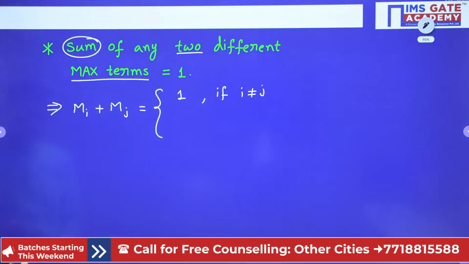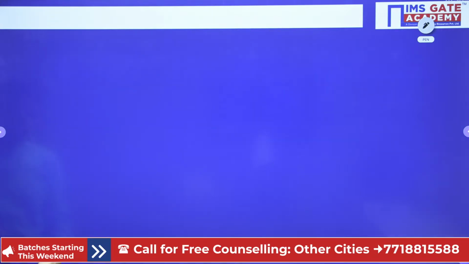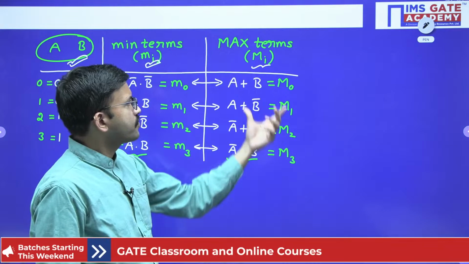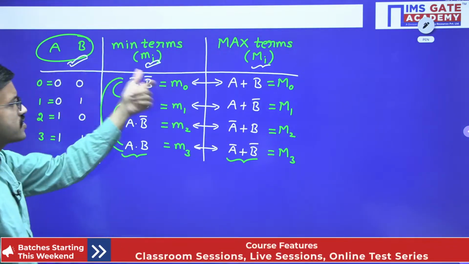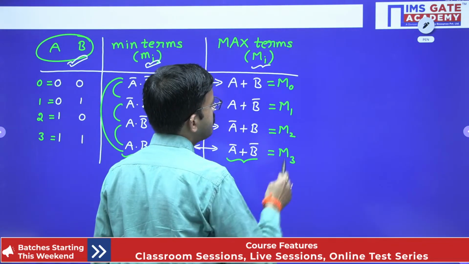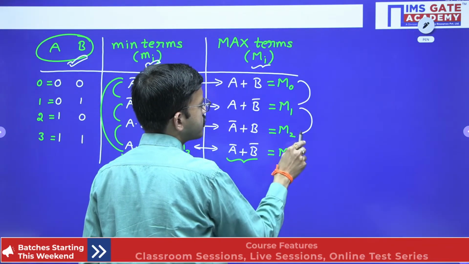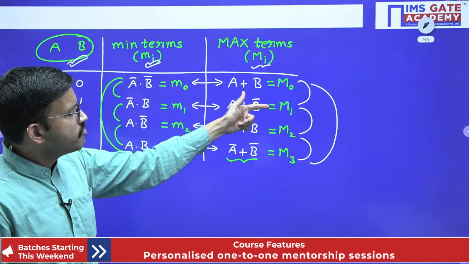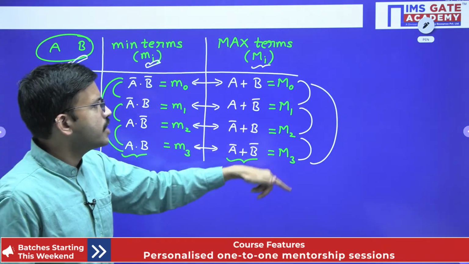Whether we are getting 1 or not, let us see. These are the 4 max terms for two variables. Now just perform addition of any two different max terms, like M0 plus M1, or M1 plus M2, M2 plus M3, or M3 plus M0.